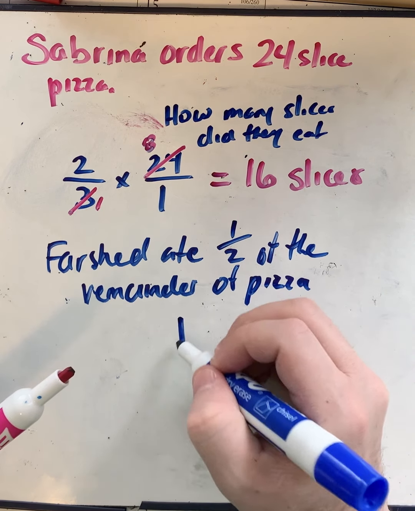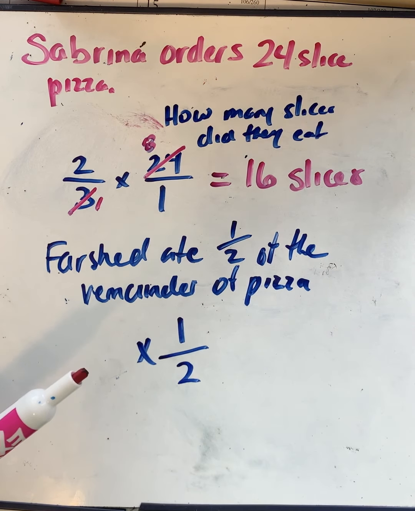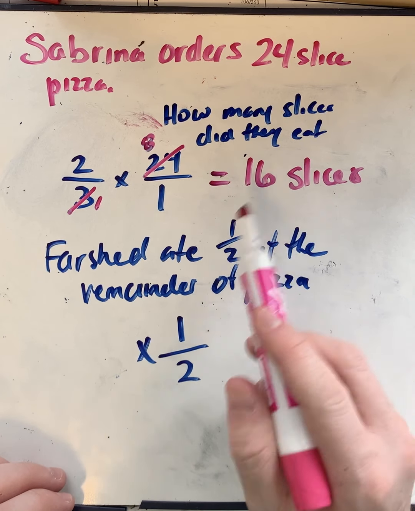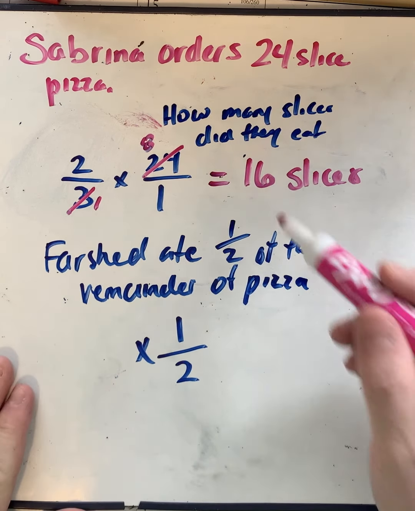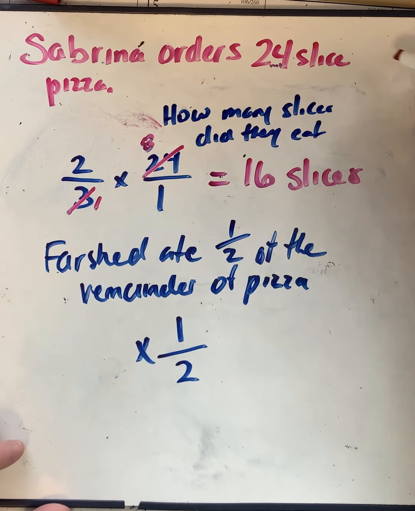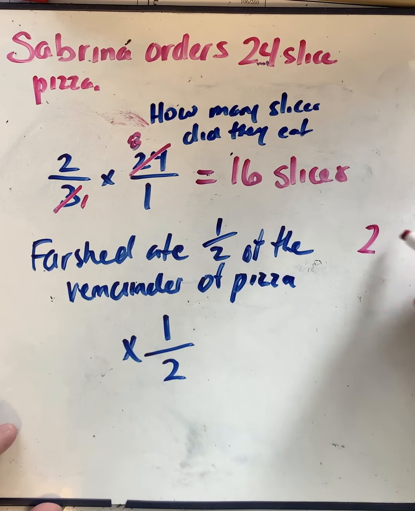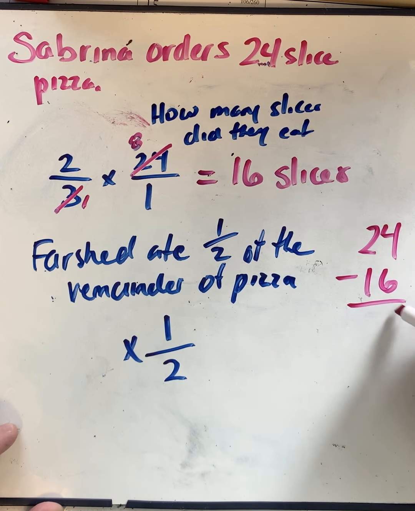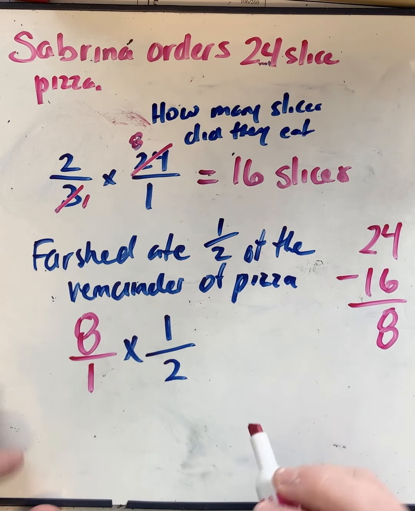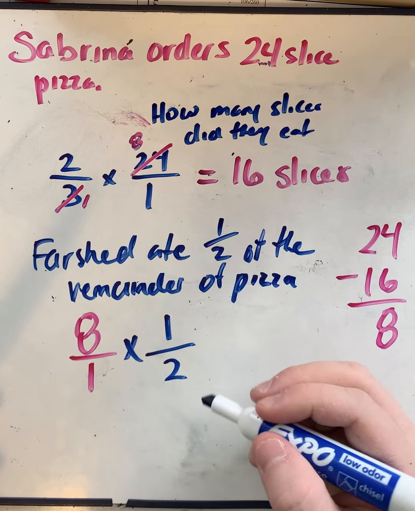We know we're multiplying by 1/2, but what are we multiplying by 1/2? We're not multiplying the 16 by 1/2 because that 16 is already gone. We need to go back to the original question, and we need to see that it's 24 slices in total, and we have removed 16. So we're left with 8. So it's actually 8 slices that Farshad is choosing from.